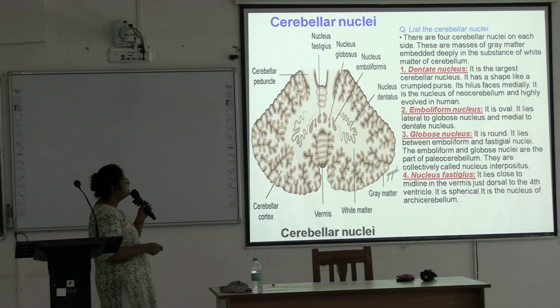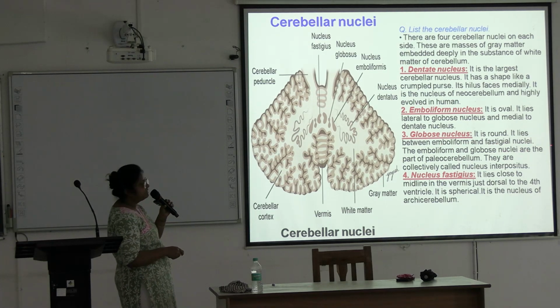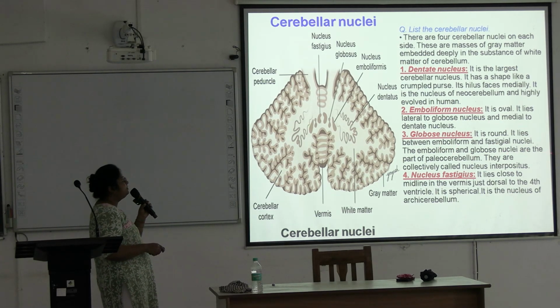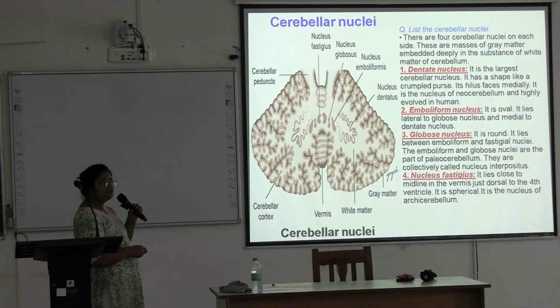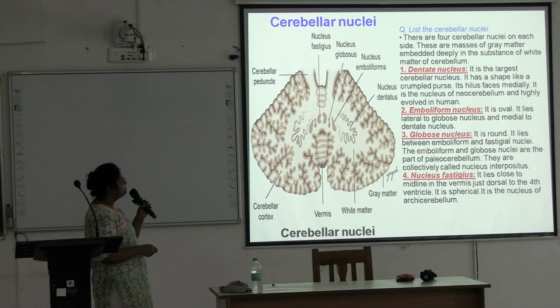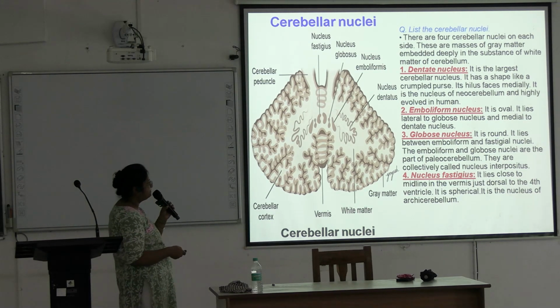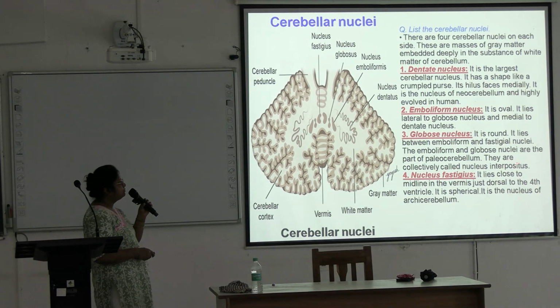Next is globose nucleus. This is globose nucleus. It is rounded, lies between the emboliform and fastigial nuclei. Emboliform and globose nuclei are the part of the paleocerebellum. Okay. Dentate is part of the neocerebellum. These two, emboliform and globose, part of the paleocerebellum or spinocerebellum, and they are collectively called nucleus interpositus.